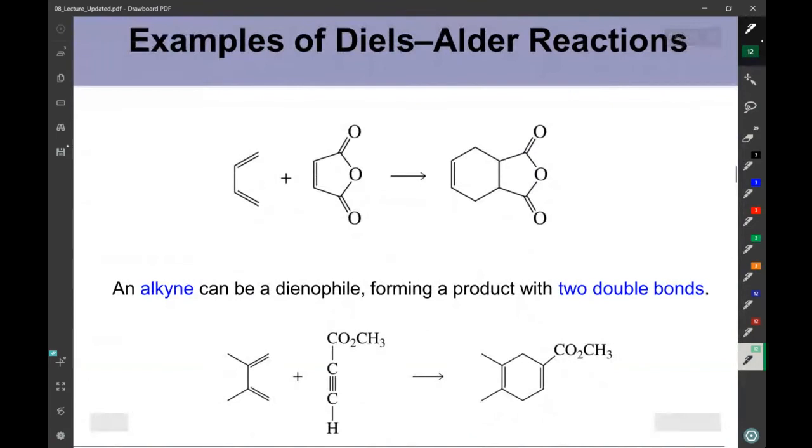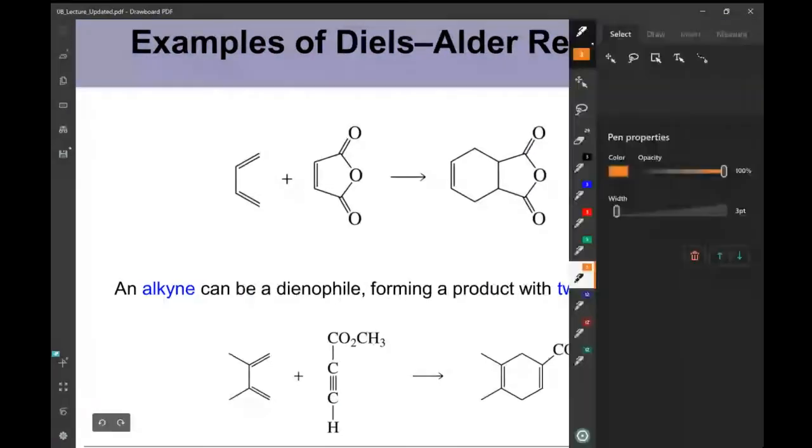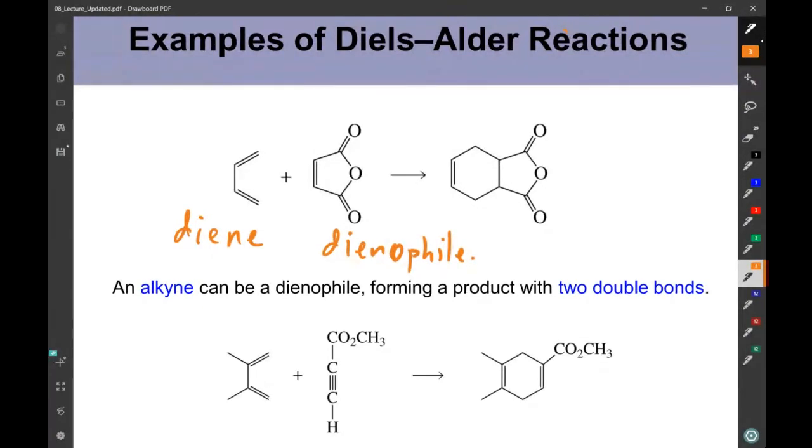So a couple of Diels-Alder reactions, some examples over here. In this Diels-Alder reaction, this is our diene, and this is a dienophile. No matter how complicated this thing can be, I want you guys to take it simple.